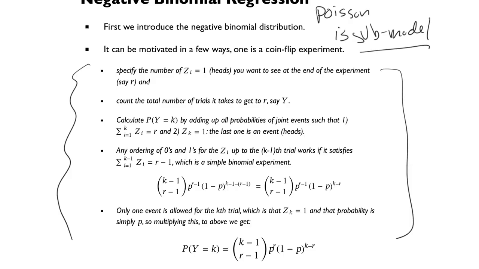You can motivate it by a certain kind of coin flipping experiment, where I fix the number of heads I need to get, and I count the number of tails that it takes to get that many heads in flips. I just think it's of historical interest, and I don't expect you to remember this for the class. So you can kind of ignore this.